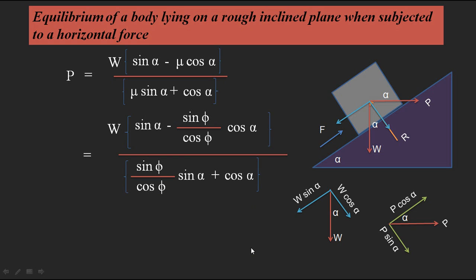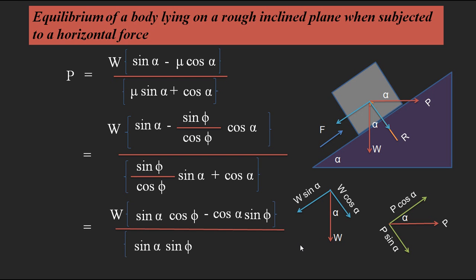Okay, so now try to write W of (sin alpha cos phi minus cos alpha sin phi) divided by (sin alpha sin phi plus cos alpha cos phi). Okay, we can write the equation like this.